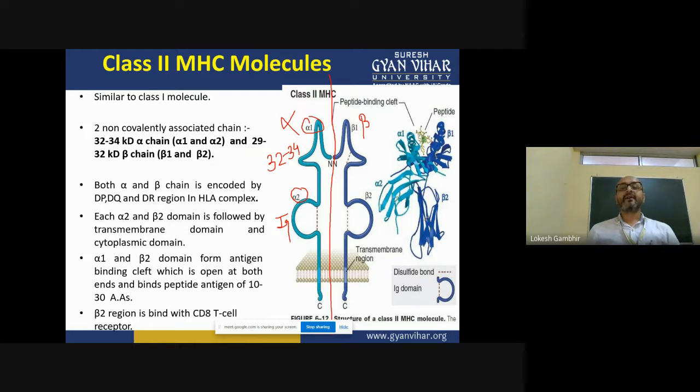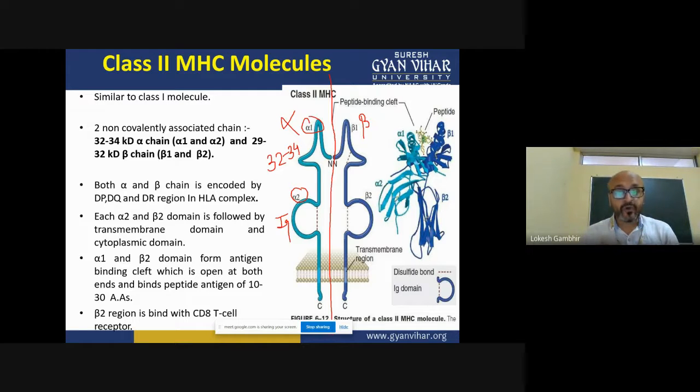Suppose you are working in a lab, going for independent research, and you want to study the composition of this particular MHC molecule, whether this receptor is a single protein or is made up of multiple polypeptides, or what is the conclusion that you will harness.